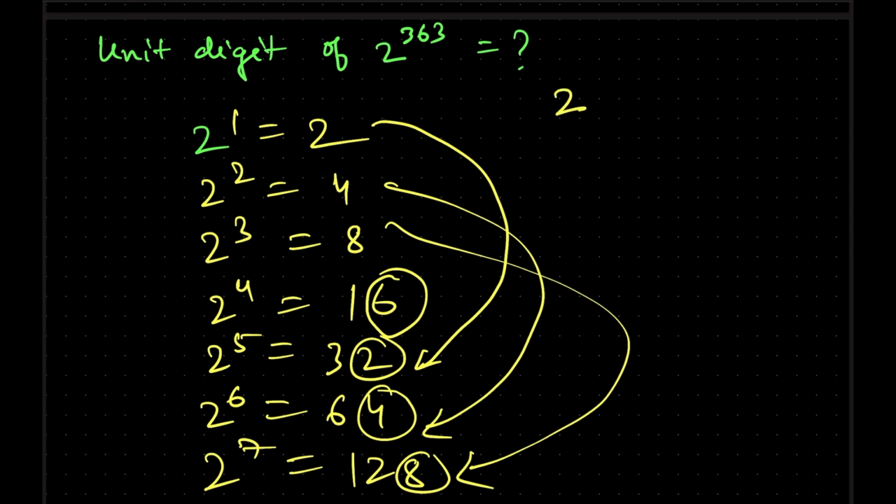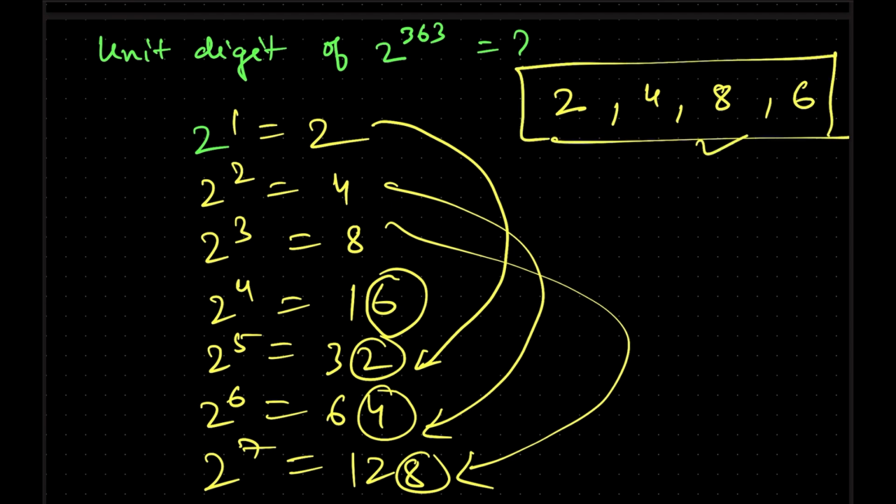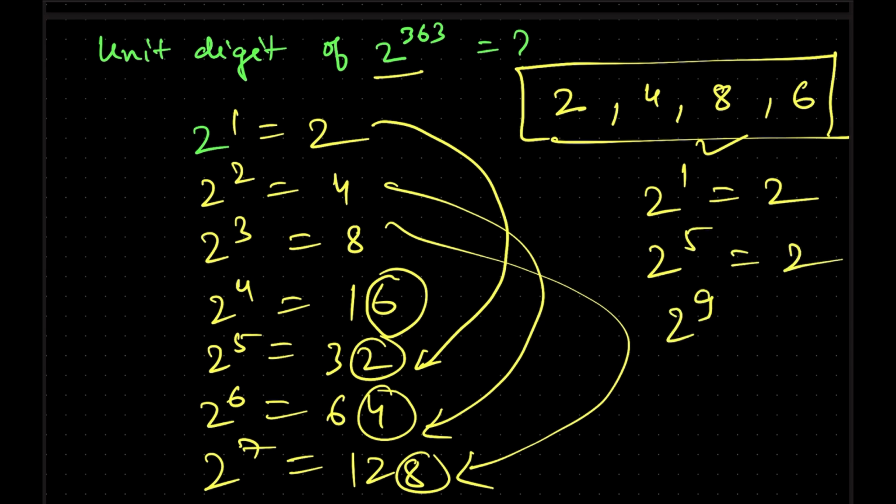So 2, 4, 8 and 6 are the cyclicity table of 2. If 2 to the power 1 has last digit 2, then 2 to the power 5 will again have last digit 2, and 2 to the power 9 also. So after every fourth interval we find 2 repeating at the unit place.